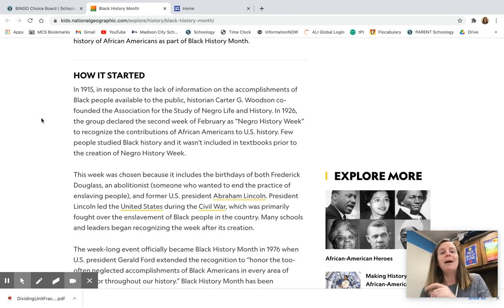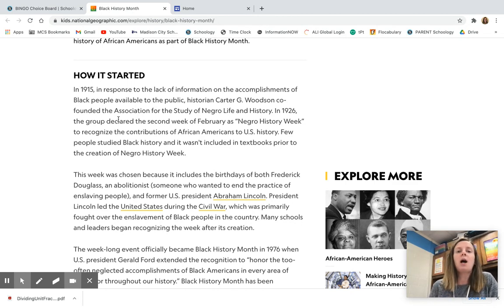Now, if you don't remember, like if you look at your notes and you think, well, gosh, I don't really remember what I was just reading about, that's a good indication that you need to go back and read it again. Okay, Carter G. Woodson, I got his name right, good. And he co-founded something called the Association for the Study of Negro Life and History. Now, proper nouns, names of organizations, names of places, names of people, those are all proper nouns.